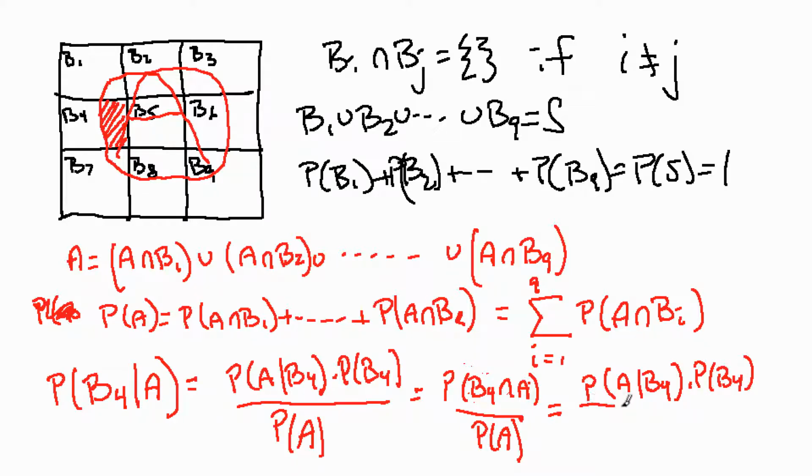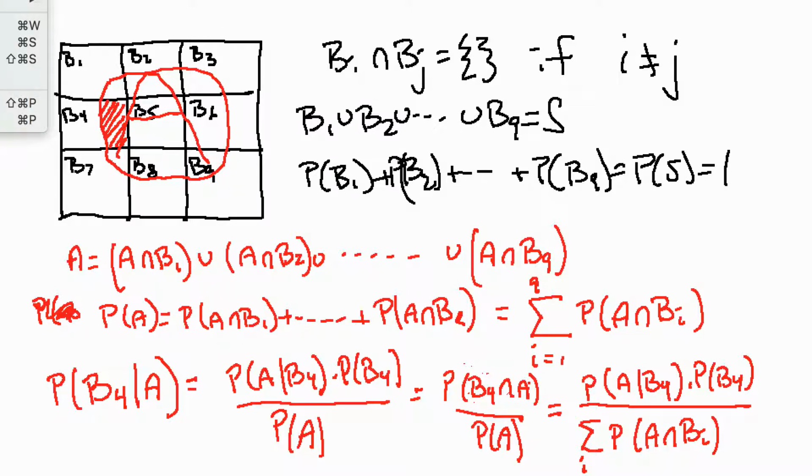And now, I want to come back over to here. The probability of A is just equal to the summation of the probability of A intersection BI, where the summation occurs over I. And now we're ready to get to our big result here.